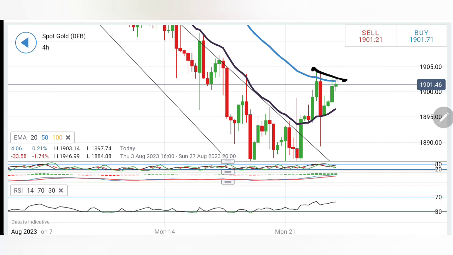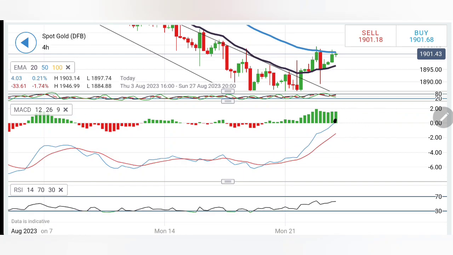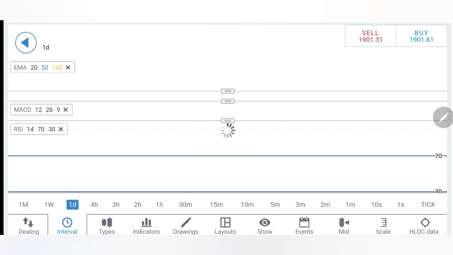Also lower high, so certainly when the next candle on the 3-hour charts starts and this 4-hour candle also tries to stay green, we have seen 3 to 4 green candles in succession. It may try to achieve higher levels at around 1910 first, and we may see retracement from those levels again. There is a possibility for it. Stochastic is rising, MACD is divergent, bullish, RSI is also rising here.